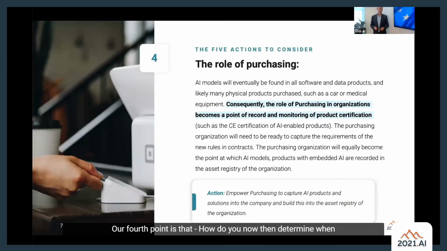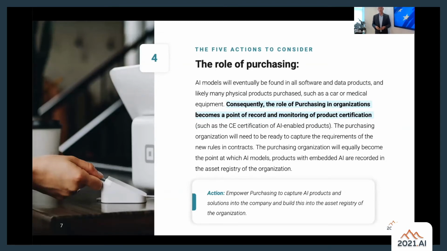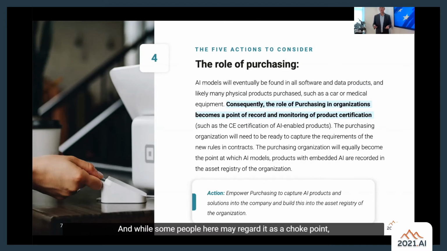Our 4th point is: how do you determine when technology enters the organization, and especially when technology at a certain risk level enters the organization? And while some people here may regard it as a choke point, it's very clear that as we look at deployment of the regulation, the role of purchasing becomes critical in this.